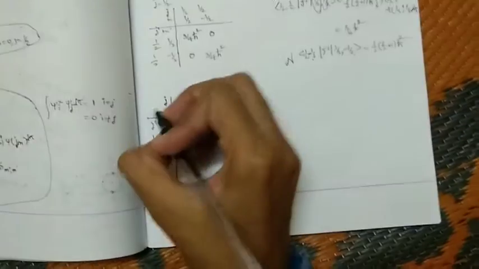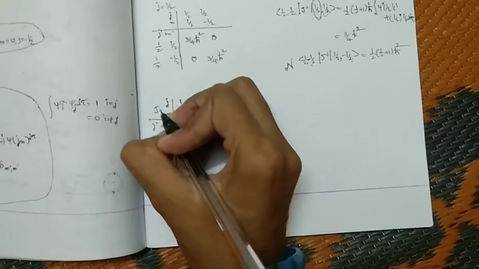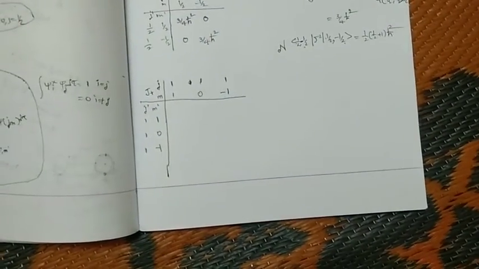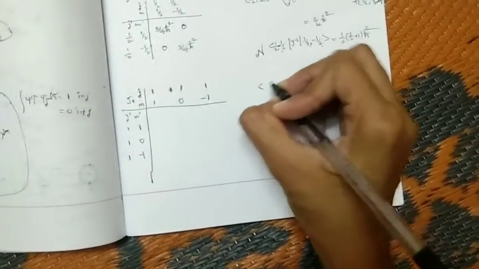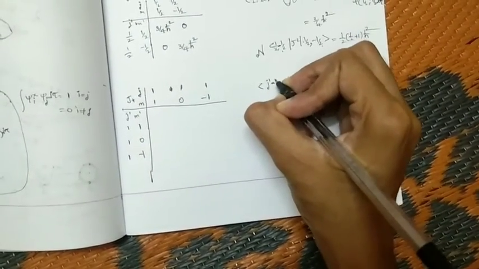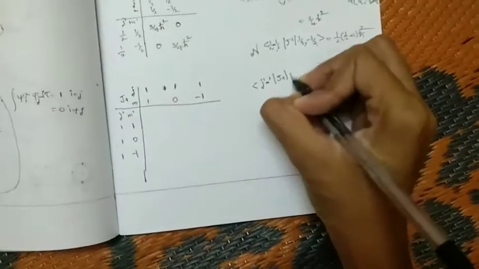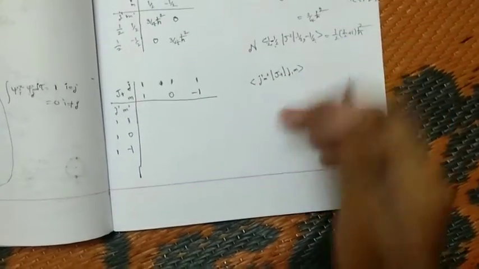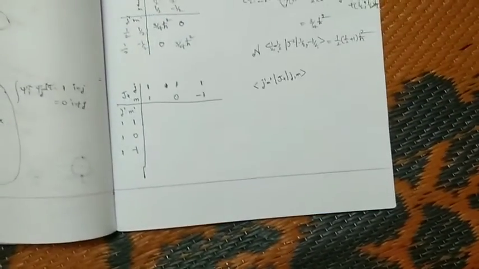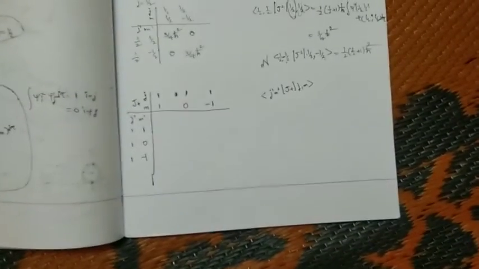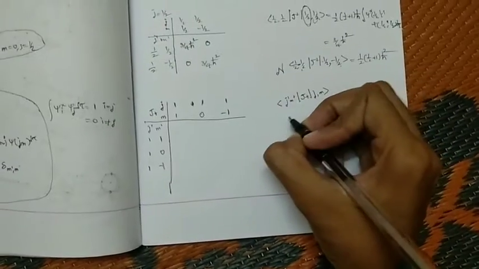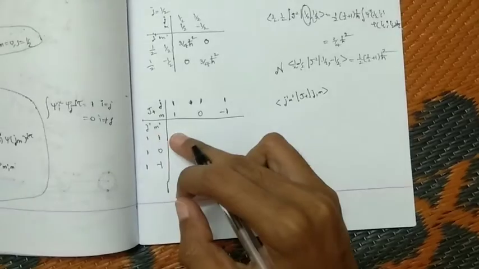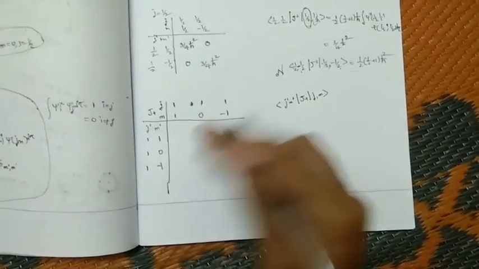So we need to find the J plus matrix now. How the matrix element could be found, as we have already known, is J dash M dash J plus J M. So for the first matrix element, it is this: J dash M dash 1 comma 1, J M 1 comma 1.